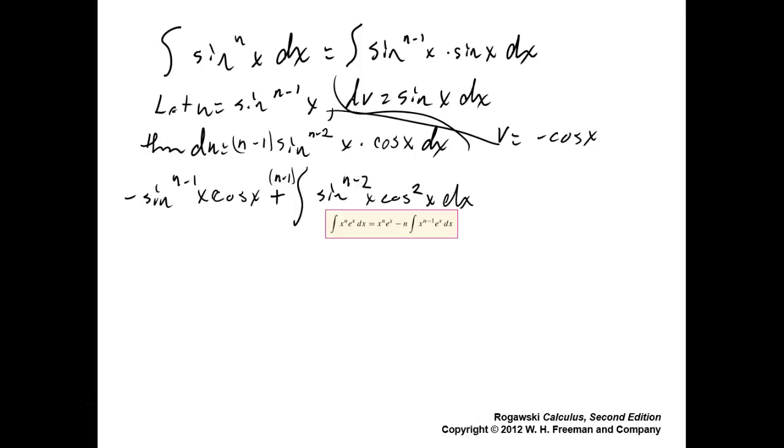Okay. That's not quite the first term that you have there, but it's close to it. You got the minus sine n minus 1 x cosine x. What you don't see is where the 1 over n comes from. Don't worry about it. We'll get to that in a minute, okay? Because you sure don't get it from the first two terms.